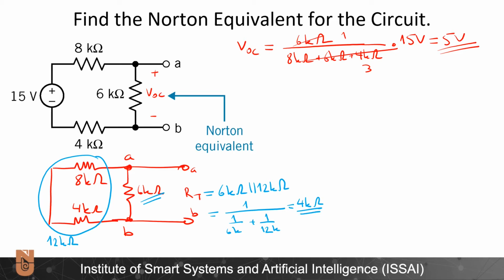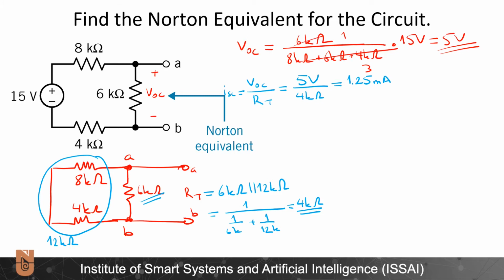So I actually finished the solution of this circuit because I can calculate I short circuit simply as V open circuit over R Thevenin, and this will be 5 volts divided by 4 kilo ohms, and if I am not wrong, 1.25 milliamperes.